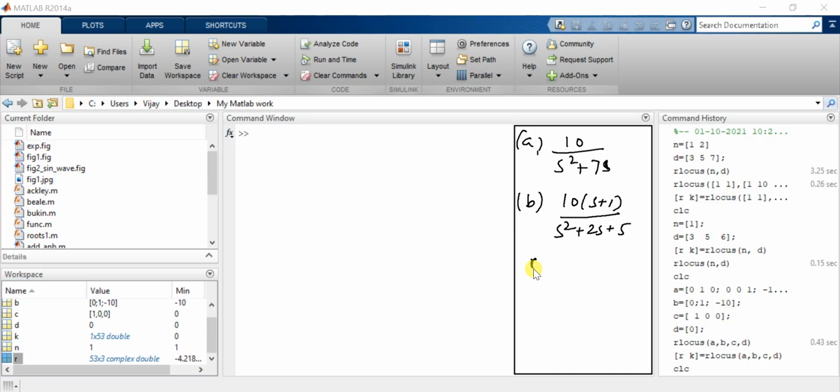Third, we have considered the example as (s plus 6) upon s cube plus 5s plus 3.